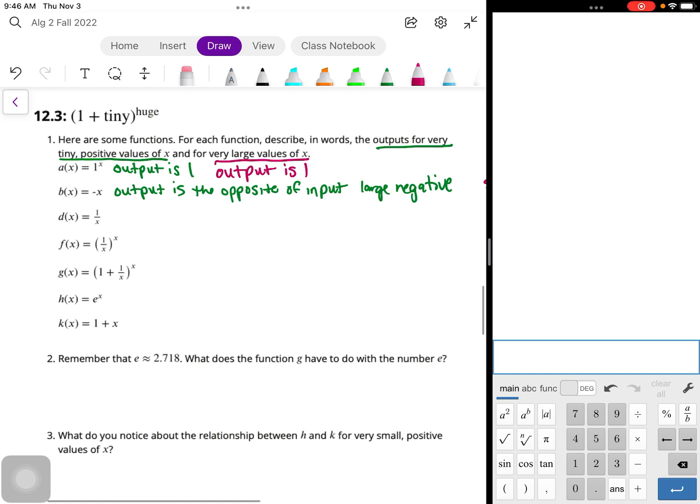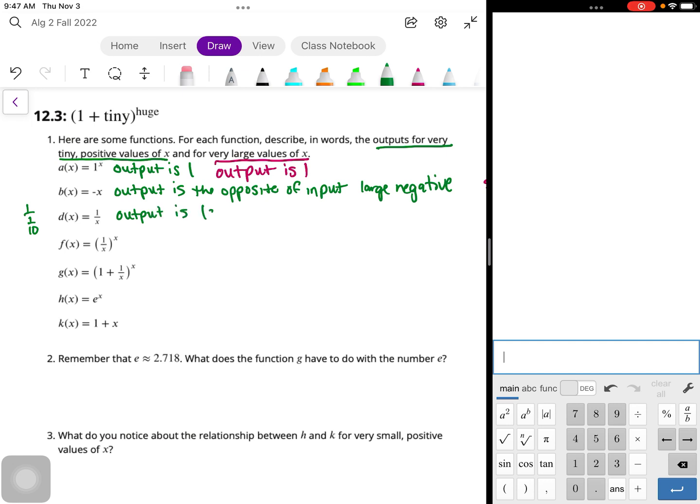All right, for d of x, it's 1 over x. So if you plug in, say, 1/10, 1 divided by 1/10 is actually 10. And then 1 divided by 1 is 1. So the smaller x values are going to give you larger outputs, right?